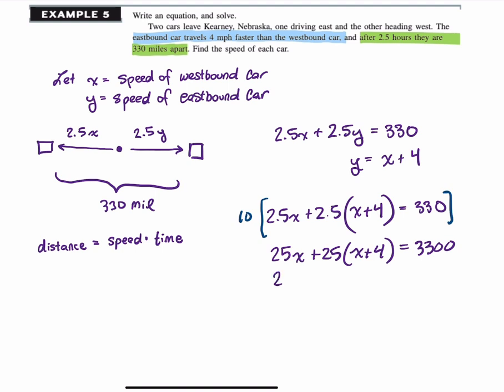So I get 25x plus another 25x plus 100 equals 3,300. We have two 25x's, so they'll combine to be 50x. And then if we subtract that 100 over, we'll get 3,200. Then let's divide both sides by 50. So x equals 64.